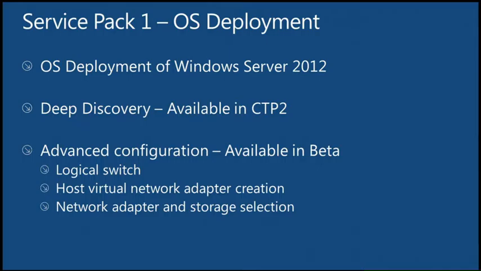And then finally, starting with our beta release, we're going to have some more advanced configurations available. We have a new concept. If you go to my networking session again later today, and I'll plug that one more time, you can learn how to set up a logical switch. As part of our OS deployment, we'll let you set that up as part of the deployment process.